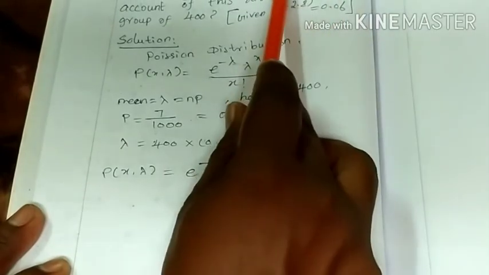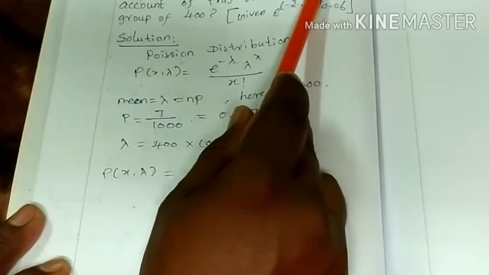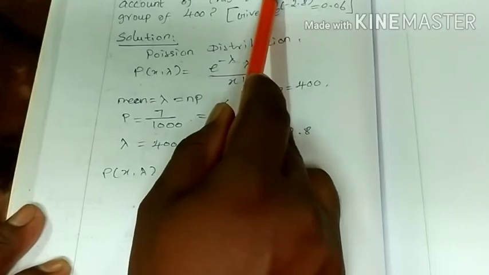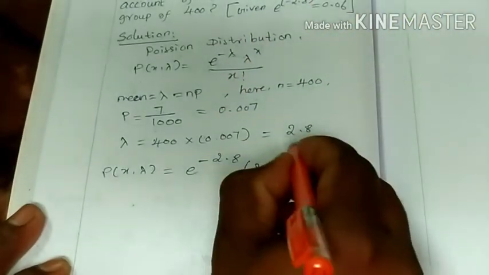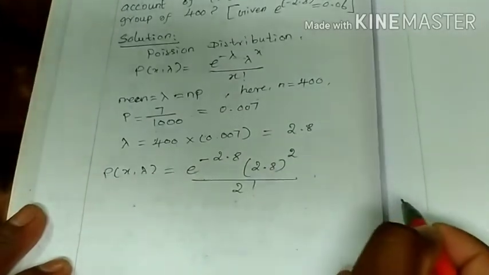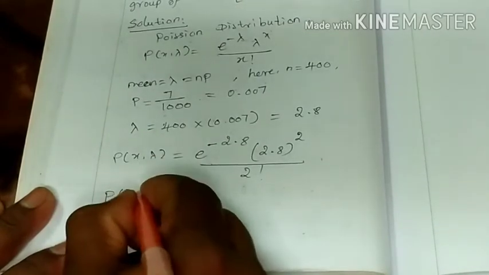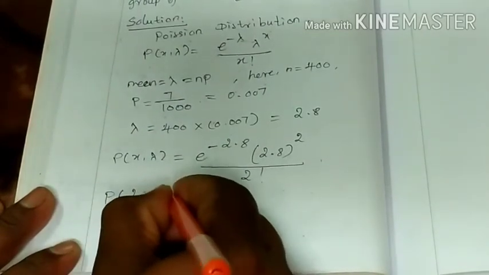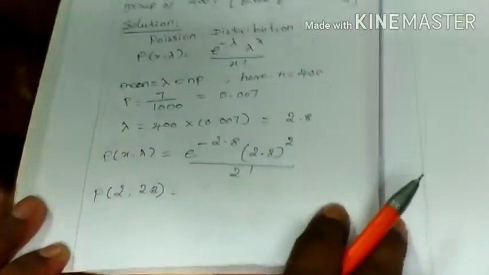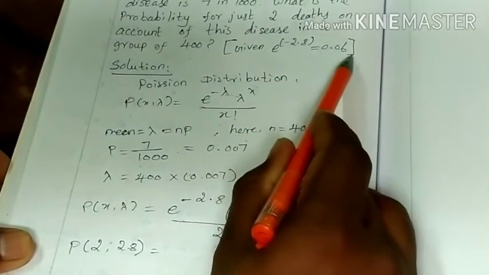The question is the probability of just 2 deaths, so x is equal to 2, divided by 2 factorial. Have you understood? Here, replacing x with 2 and lambda with 2.8, we get e power minus 2.8, whose value is already given in your sum: e power minus 2.8 is equal to 0.06.